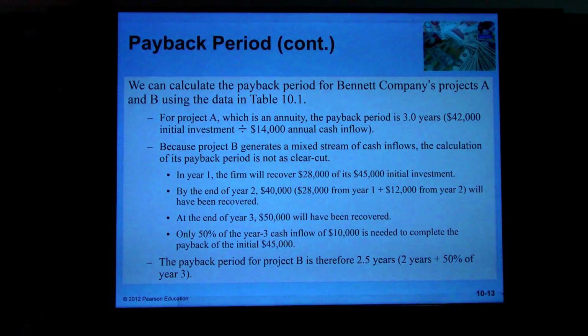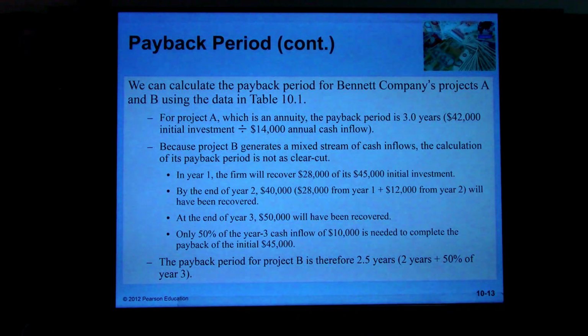The total of 40 will be recovered by the end of the second year. At the end of the third year, 50,000 will have been recovered. However, we didn't need 50 because our initial investment is 45.